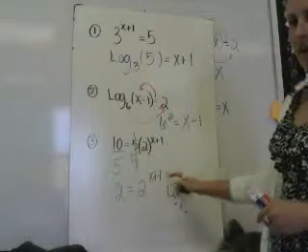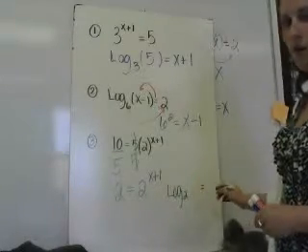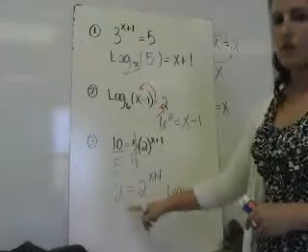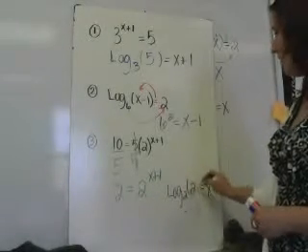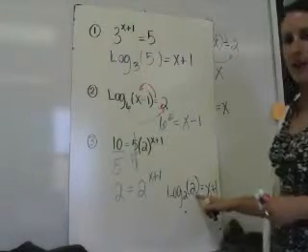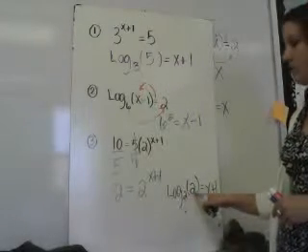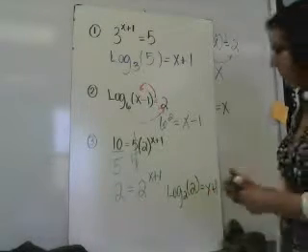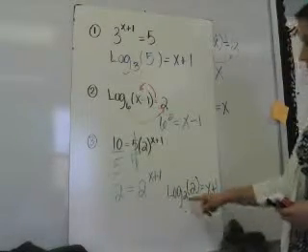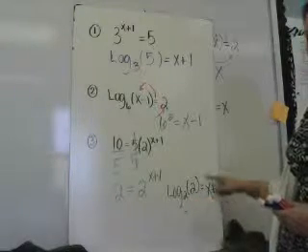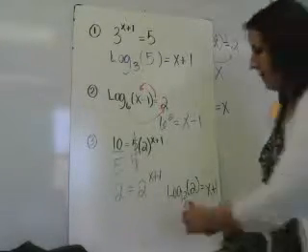My goal is to have that x plus 1 by itself. So my answer becomes my argument. And same thing, you can plug that right into the calculator. Log 2 divided by log 2. And then all you would have to do is subtract 1. And you can always use the wheel to go back and check. This should become 2 to the x plus 1 power equals 2.